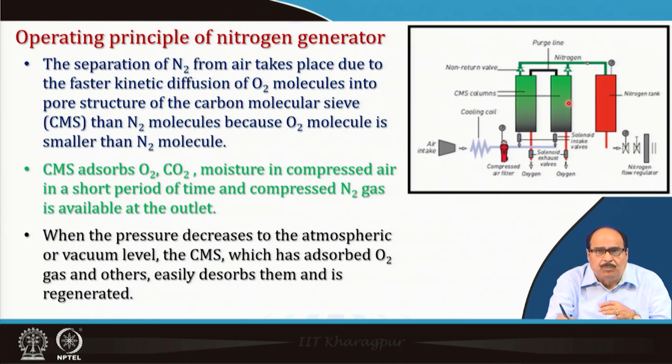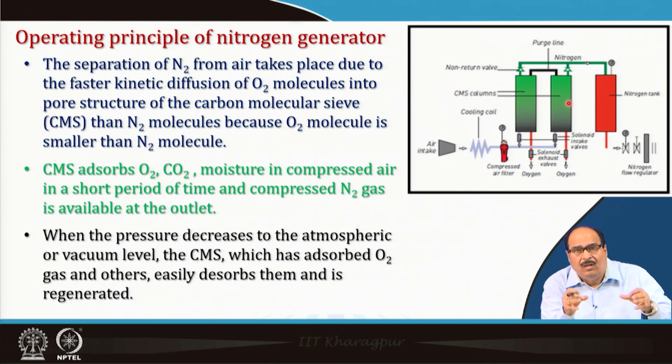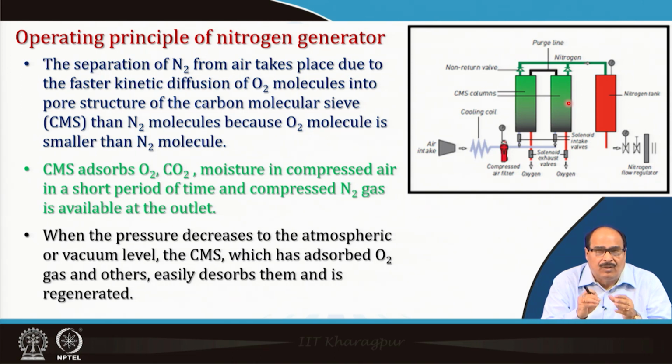The operating principle is that separation of N2 from air takes place due to the faster kinetic diffusion of oxygen molecules into the pore structure of the carbon molecular sieve. Oxygen diffuses at a faster rate than N2 because the O2 molecule is smaller than the N2 molecule.